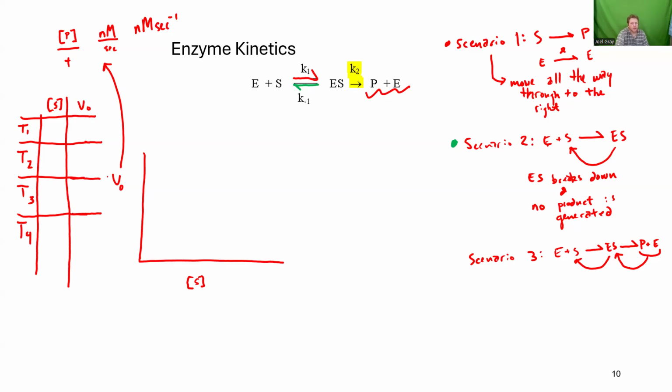Now, with that in mind, here's our substrate concentration. For trial number one, I'm going to use 1 millimolar as my substrate concentration. I'll go with 1, 2, 4, 8, and then for T5, let's go with 10.